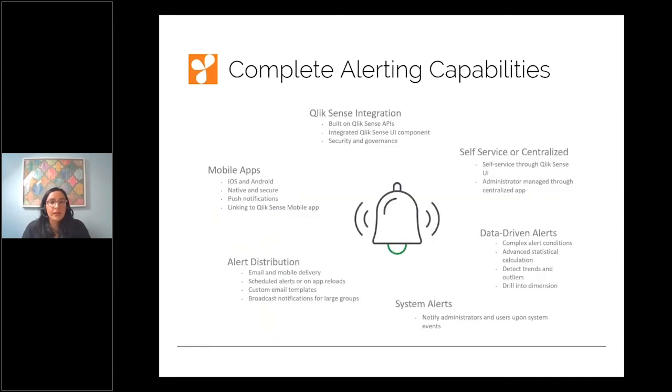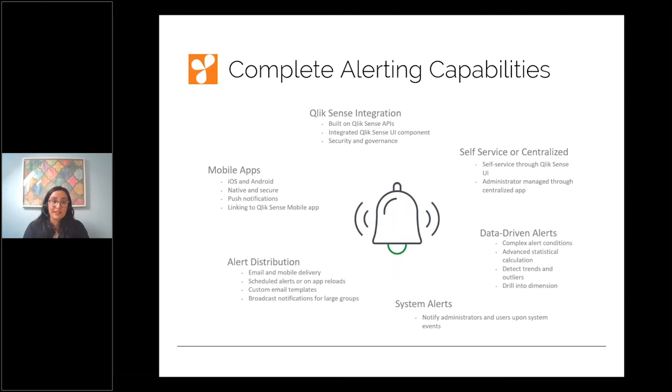Qlik Alerting can provide a complete set of alerting capabilities. I won't go through everything in this slide because there's a lot to cover here, and I do also want Chris to have the opportunity to demo some of this stuff that we've been talking about. But just to let you know, some of the things it includes is full integration with Qlik Sense.